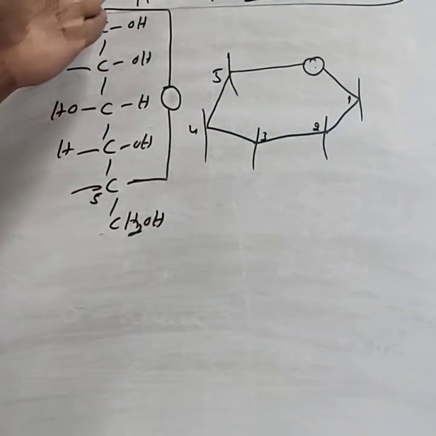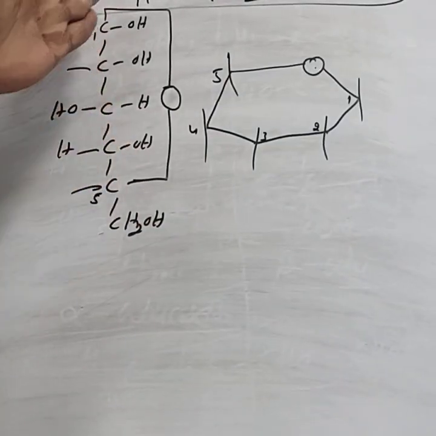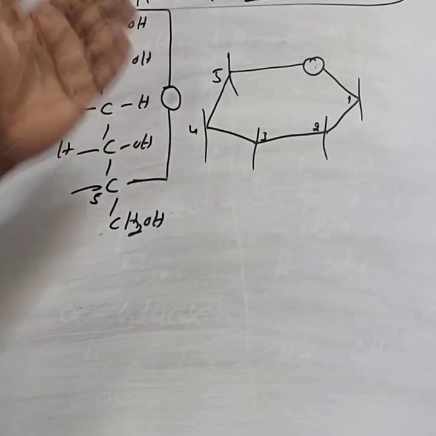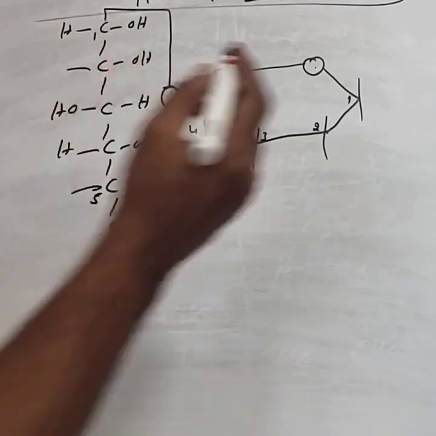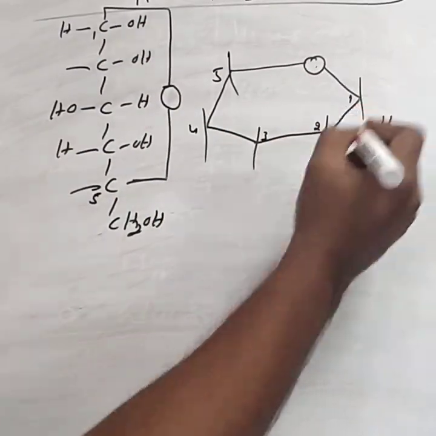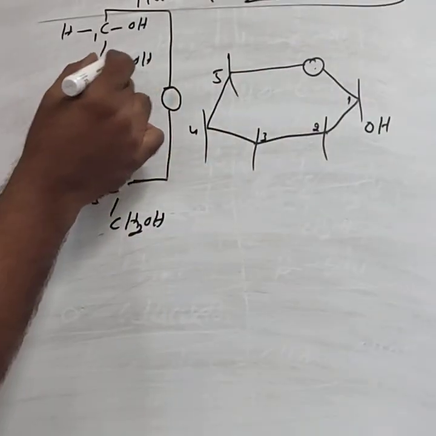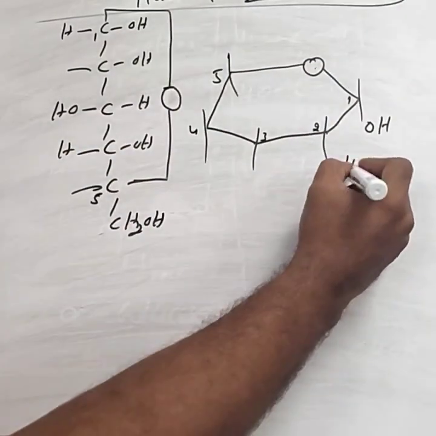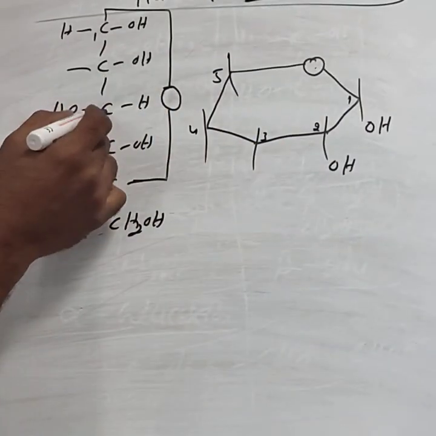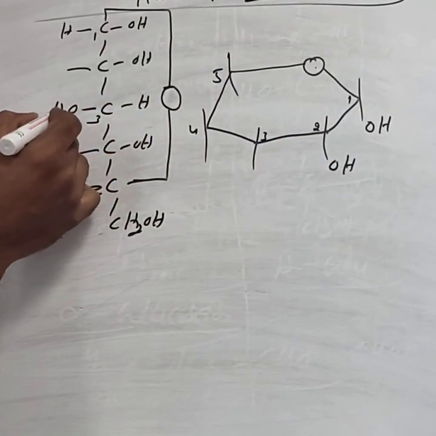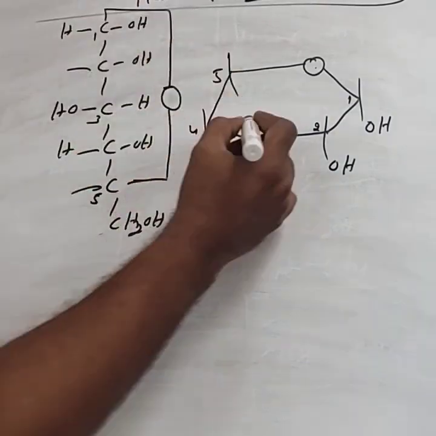If the OH group is on the right hand side, those OH groups are drawn below the plane. First carbon atom OH is on the right side, hence below. Second carbon atom OH is below, because it is on the right side. The third carbon atom OH is on the left hand side, hence above the plane.